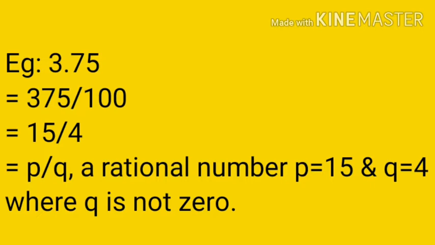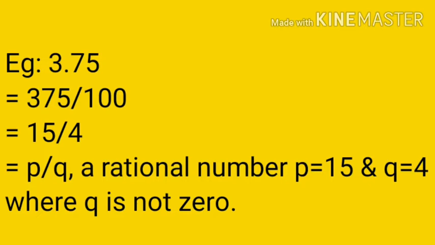3.75 is a terminating decimal. In the decimal part, the digits are 7 and 5. 3.75 is equal to 375 upon 100. Here 25 fours are 100, 25 fifteens are 375, so they get cancelled.